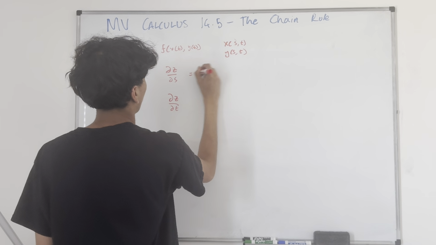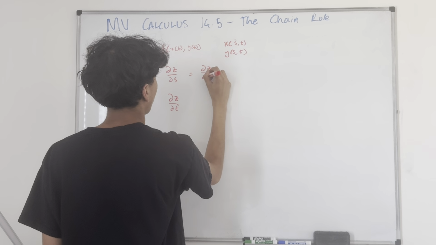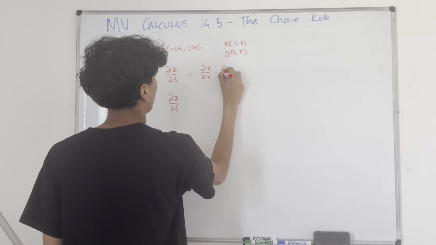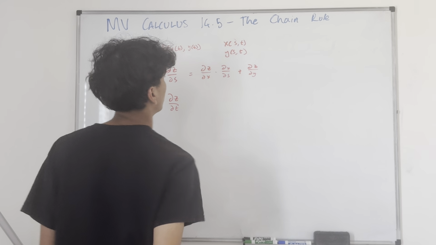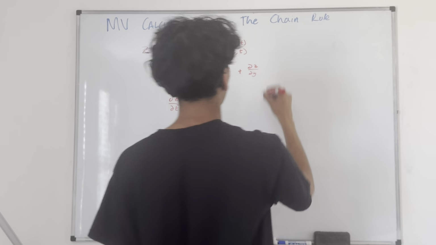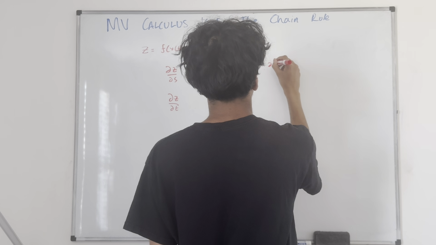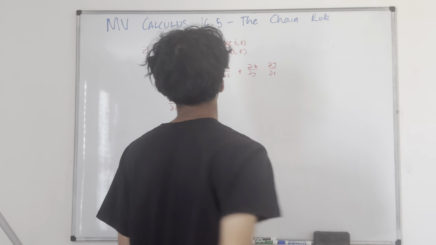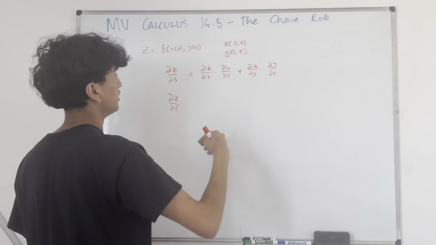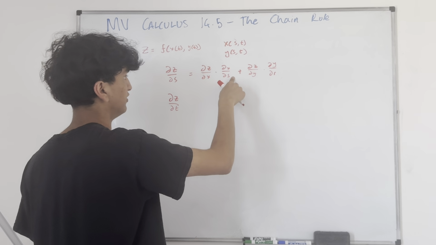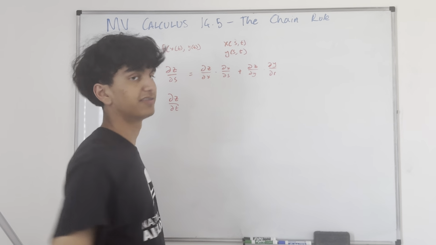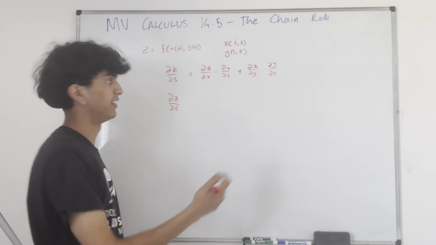We're going to have partial z, partial x times partial x, partial s, plus partial z, partial y times partial y, partial s. Very similar, it's just that your variables have changed. Instead of dx/dt, I'm doing partial x, partial s, because it's now with respect to s instead of t.